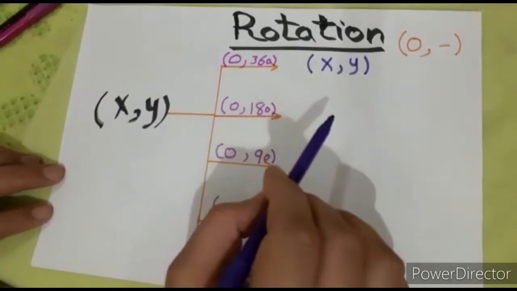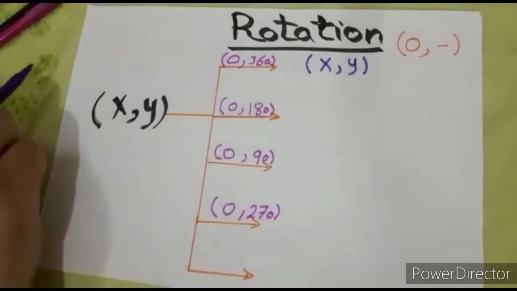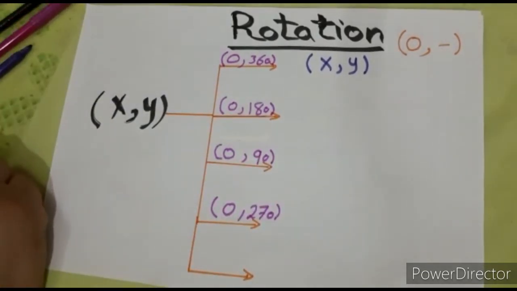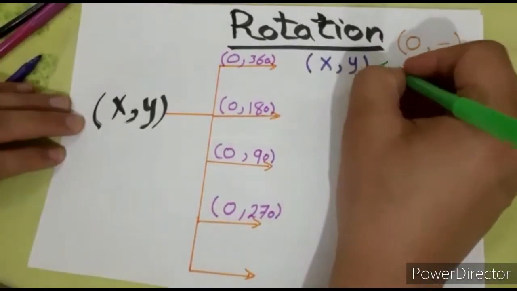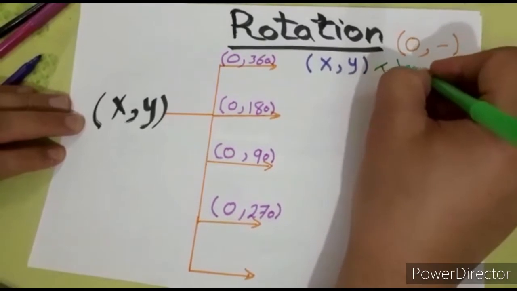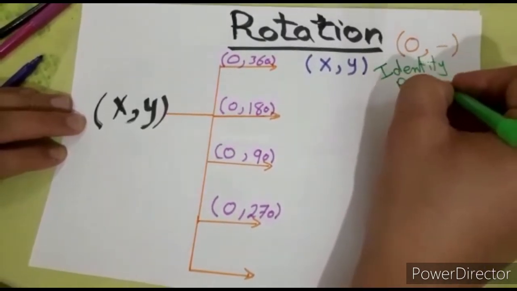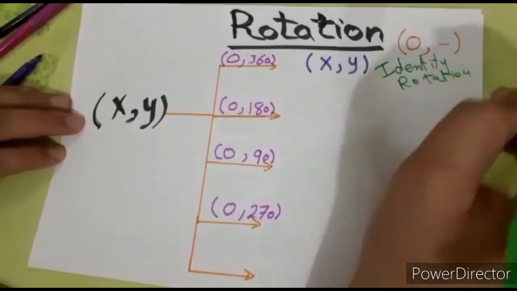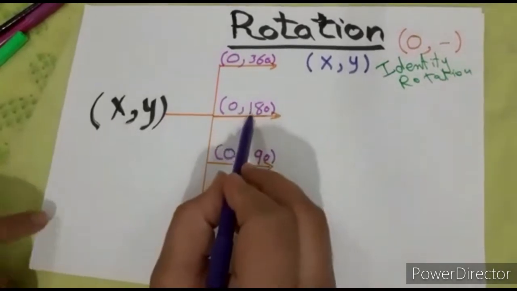We write the same numbers with the same signs. Okay? So this rotation 360 is called identity rotation.